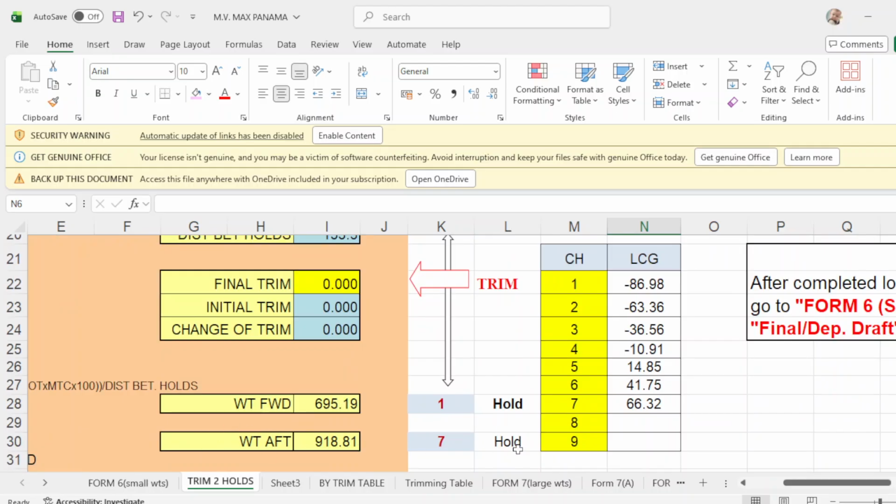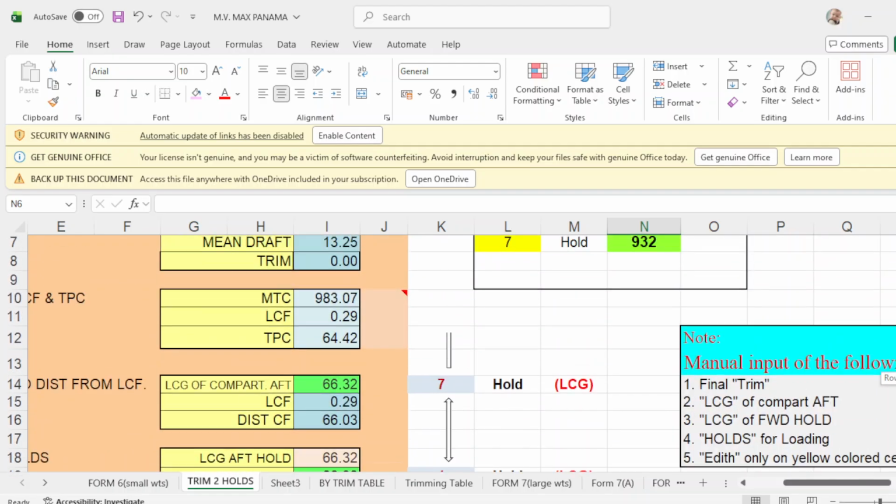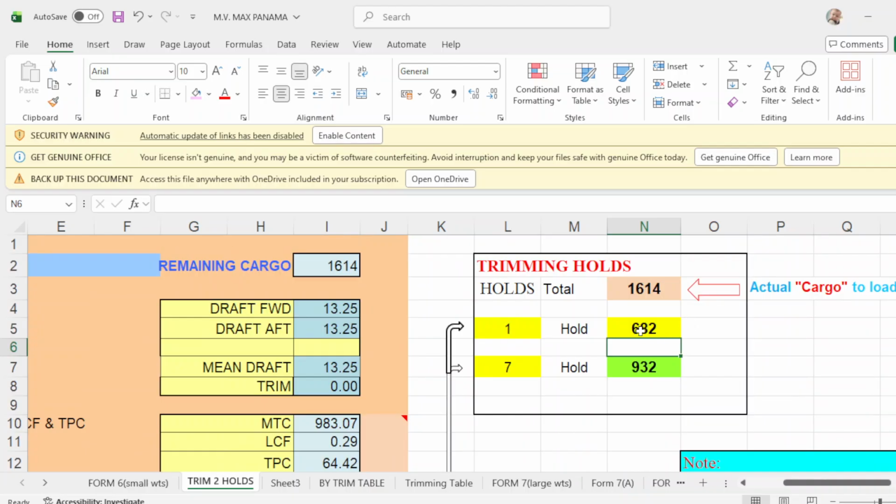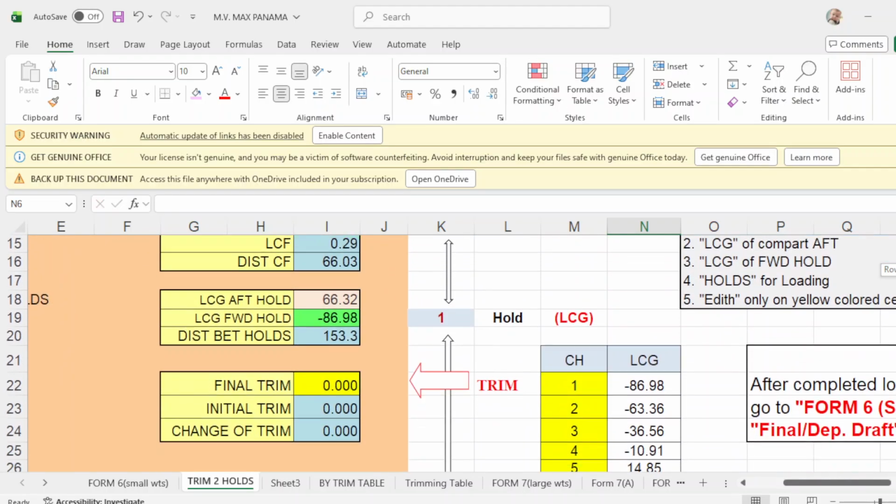And recommended cargo to load for number 1 is 695. Okay, so we put 695. And number 7, you should load 919. So what is number 7 here?